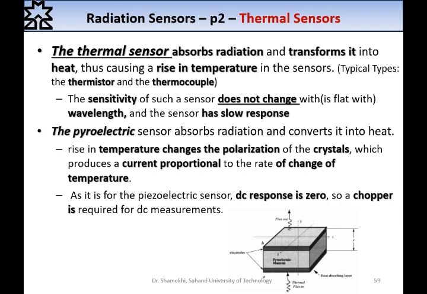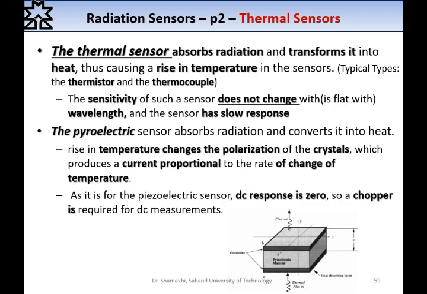Maybe we can say the response is flat with wavelength. A wide range of wavelengths will affect the response of the sensor, and we cannot use this type of thermal sensor for a specific wavelength.